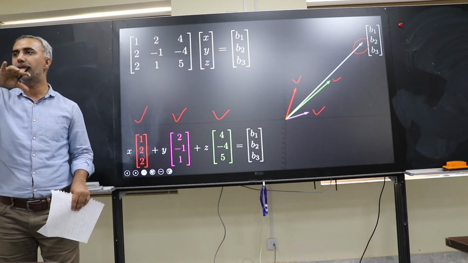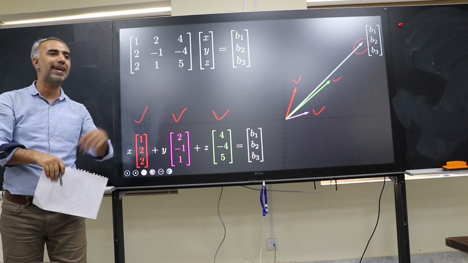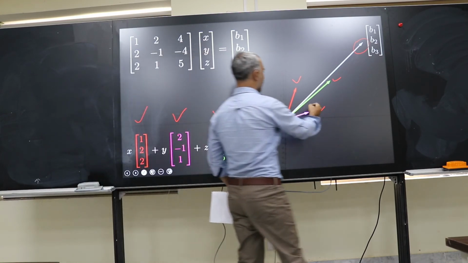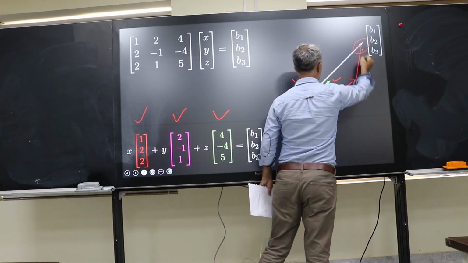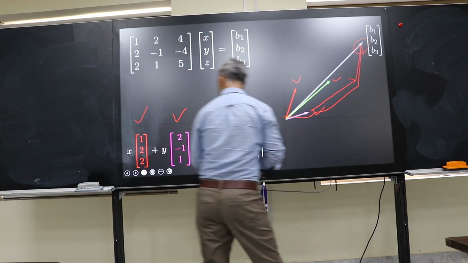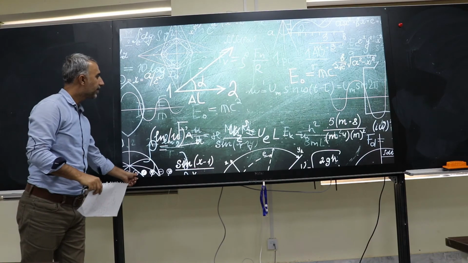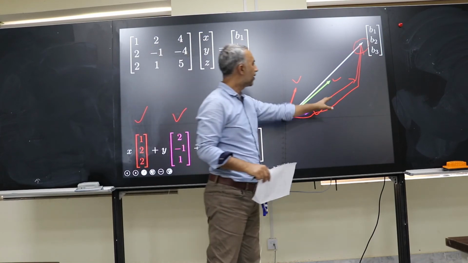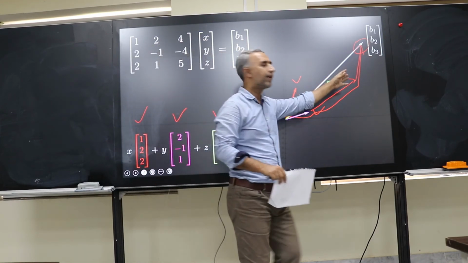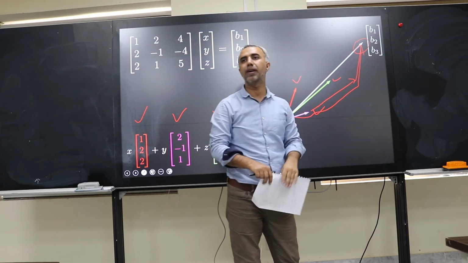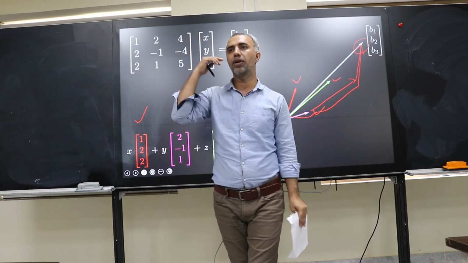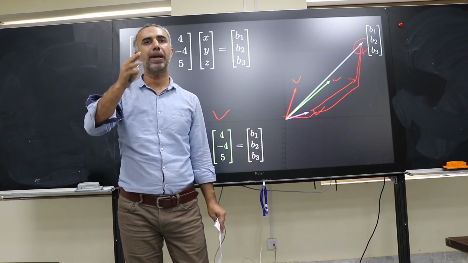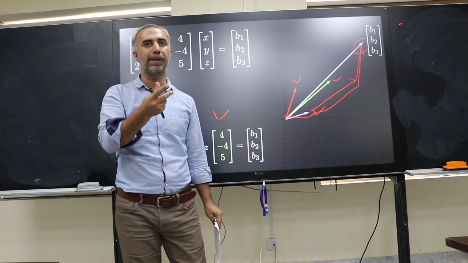If we extract the true information of this, it is going like this, and this is going like this. The theme is that it is reaching this point, but your vectors are concatenating with one another and lead you to the final point. These are basically the components of the vector B, 3 vectors.